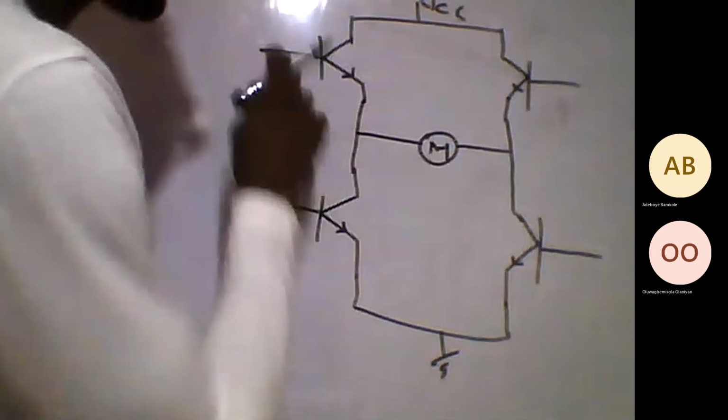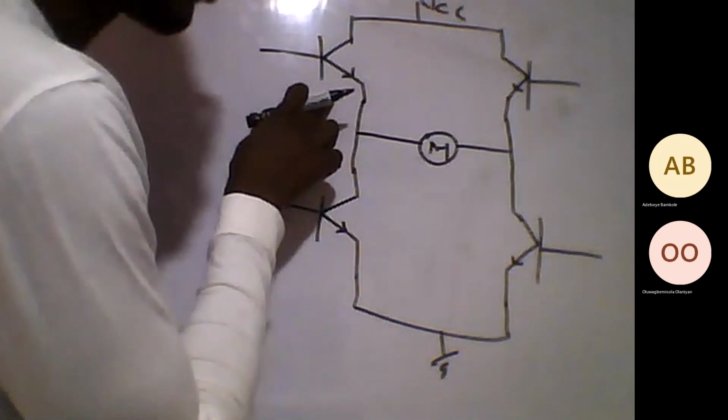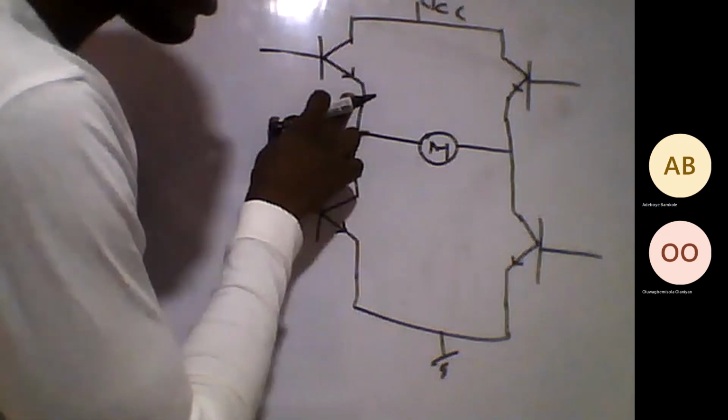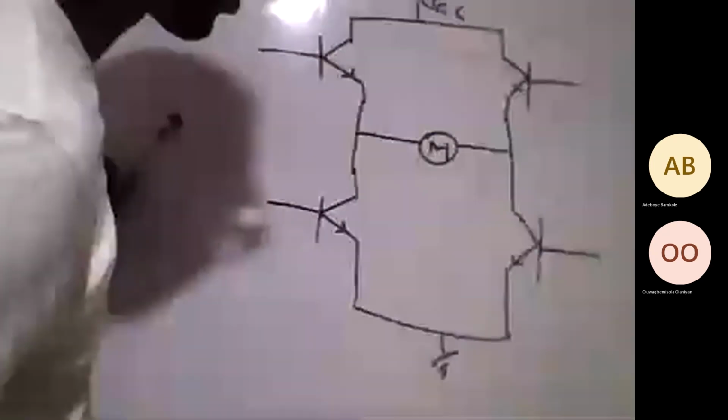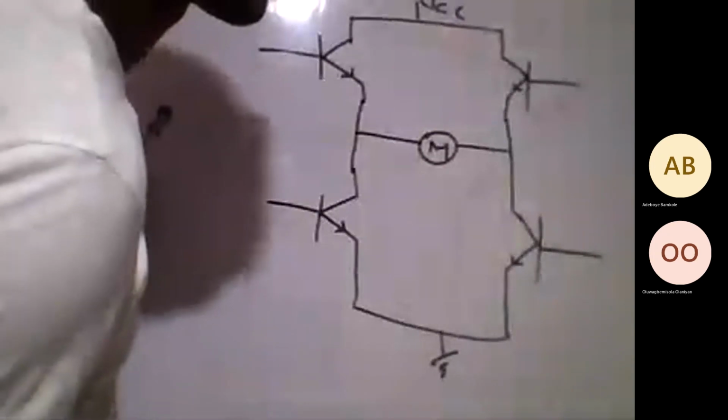Now, follow me. Remember, how does this transistor work? We supply current to the base, then the transistor allows current to go in. The network was crashing, so I can't hear you properly.